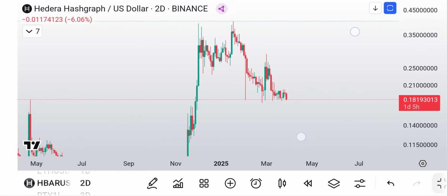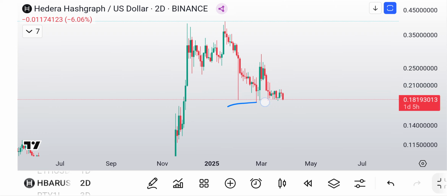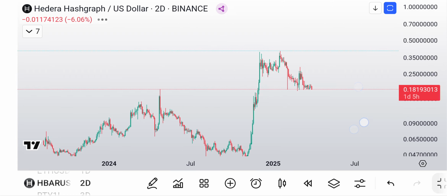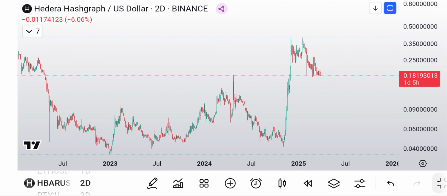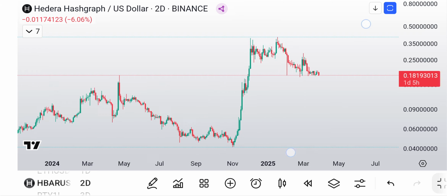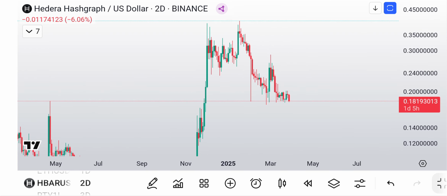HBAR. Okay, so HBAR looks very bearish. HBAR looks like it's going to break down. It looks to me like it's some very weird looking descending. See how volatility is slowing down? It looks like it's going to drop. So that's unfortunate.